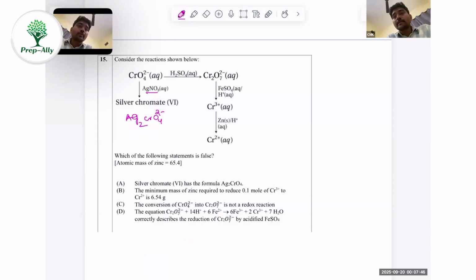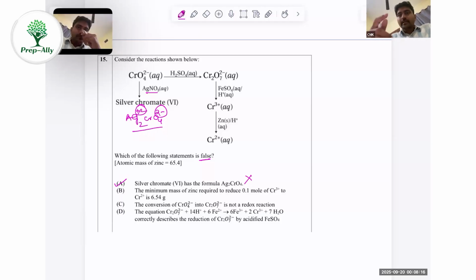Here 2- is there, so silver, which is usually in +1 oxidation state, means 2 silver atoms are required, each with +1 oxidation state. So the formula should be Ag2CrO4, silver chromate. So option A is correct, but they have asked for the false statement. So this is not our answer.